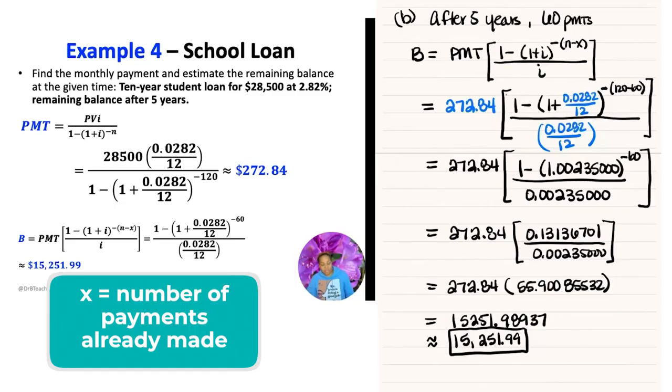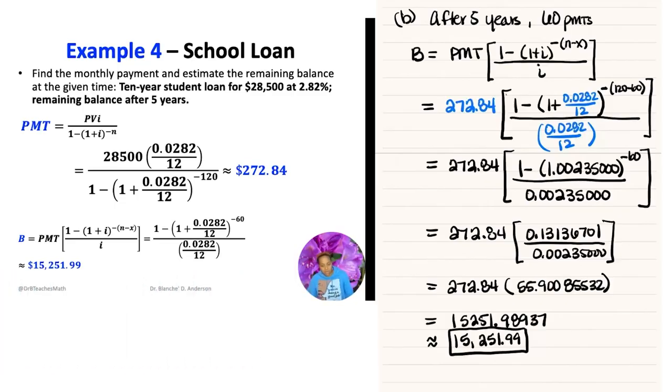So take the 120 minus the 60, and then when you do the math, out of the first 60 payments you've made, you started out at 28,500. Now they're saying you have about 15,000 left to pay. Okay, hope that makes sense.